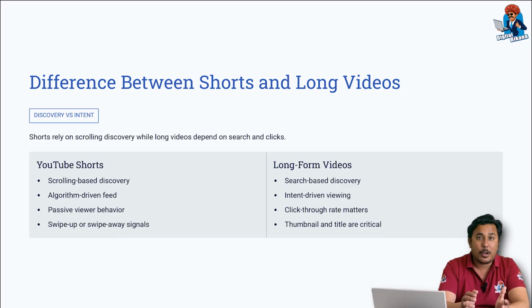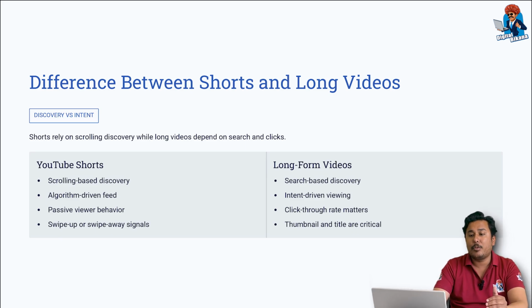But in the case of shorts, it's not like that. Shorts do have a title, but basically that title is not shown, right? And the thumbnail is also not so important, right? Basically you can also add a thumbnail to the short, but it is scrolling based discovery, right? More or less the opposite of search based discovery, you can say.